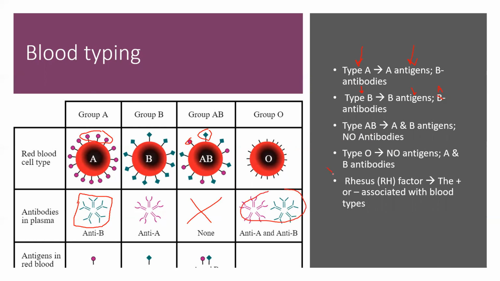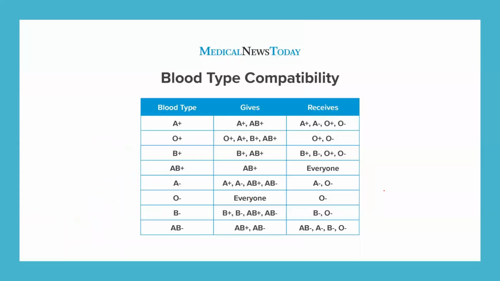And lastly, we have the Rh factor, which is the plus or minus. So let's look at this blood compatibility chart. If you're type A positive, you can give to A positive or AB positive.